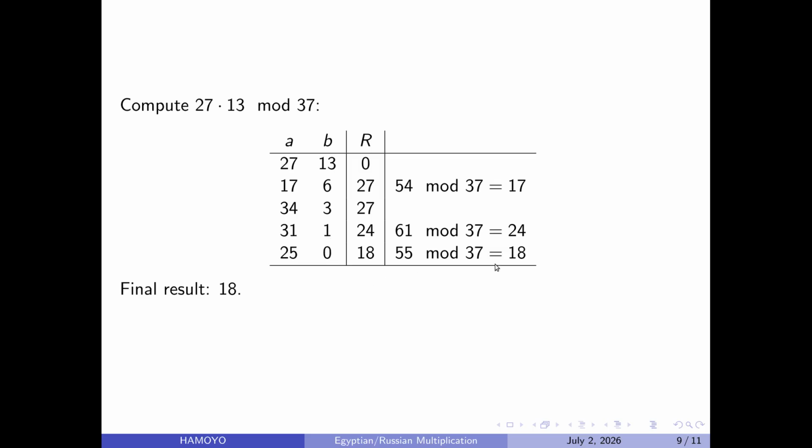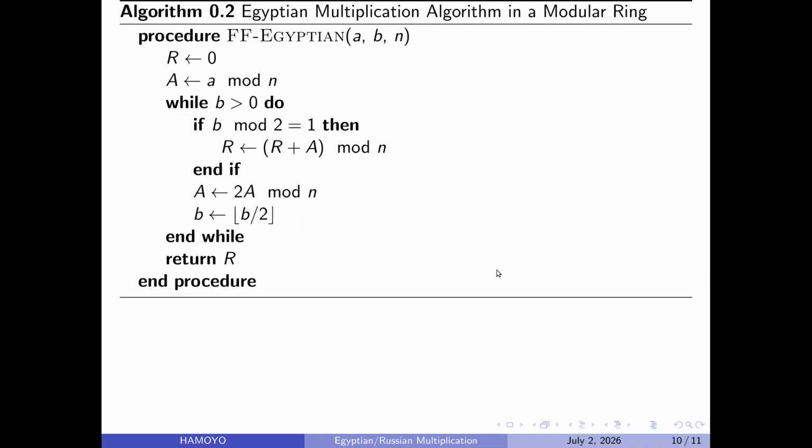So the algorithm follows the same thing, except this time around we have our modulo operation down here, and we also let capital A represent the residue class, or the residue of A mod n, just in case A is greater than or equal to n. Essentially the algorithm follows the same procedure.